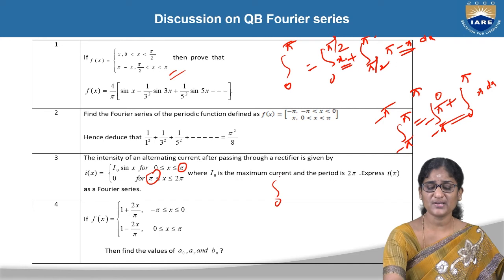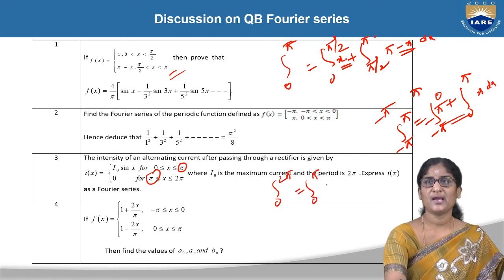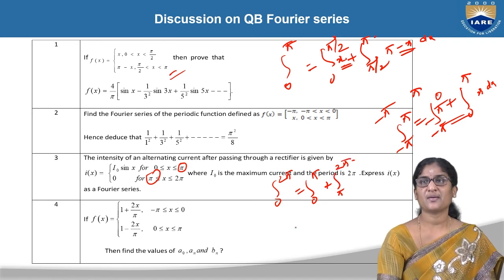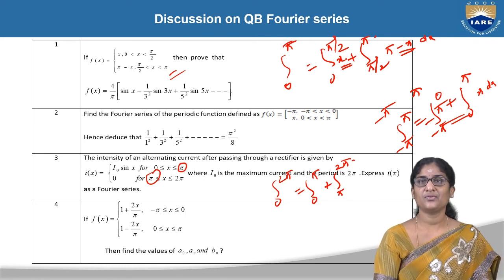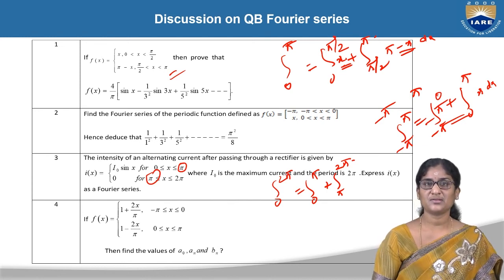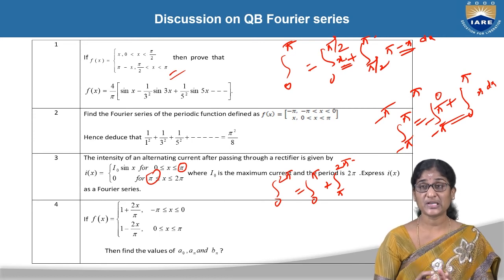So the total interval 0 to 2 pi has to be split up into 0 to pi and pi to 2 pi, two parts. And again, here also we need to find all three Fourier coefficients, a0, an, and bn.